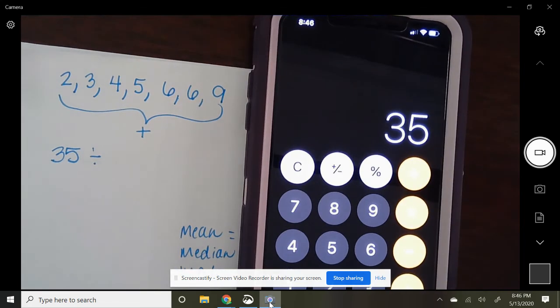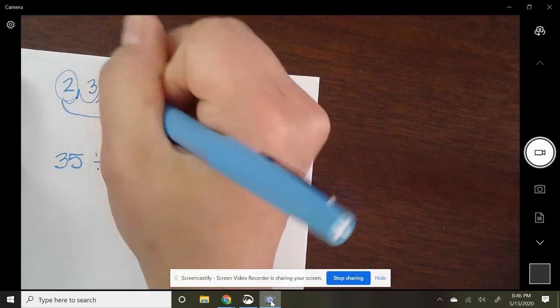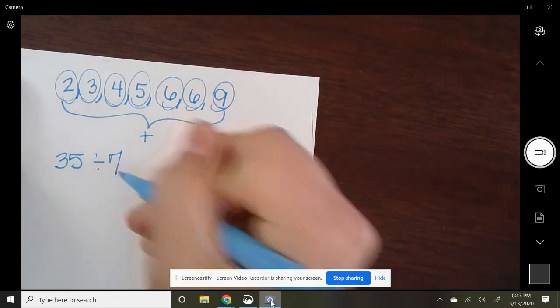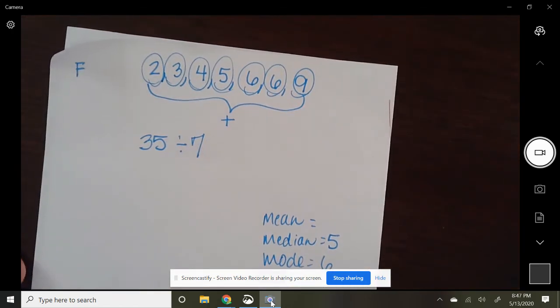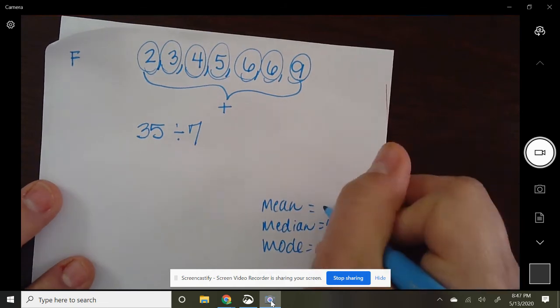And I automatically am putting a divide sign by that. I need to then count how many numbers are in my data set. 1, 2, 3, 4, 5, 6, 7. 35 divided by 7. That is a math fact that I hope you know. And that is 5.